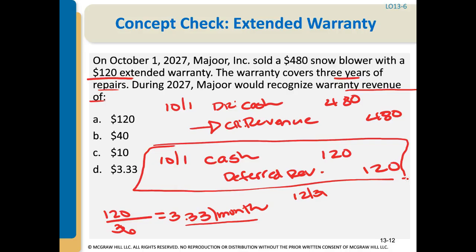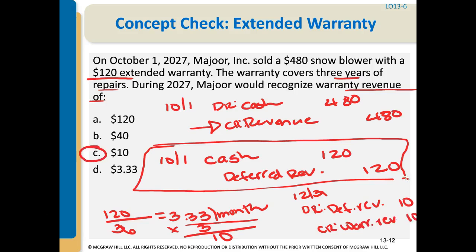So that's 3 months. Multiply that by 3, and I get $10. So on 12/31/2027, I'm going to debit my deferred revenue, my liability, for $10, and then credit my warranty revenue, $10. So the answer is $10.